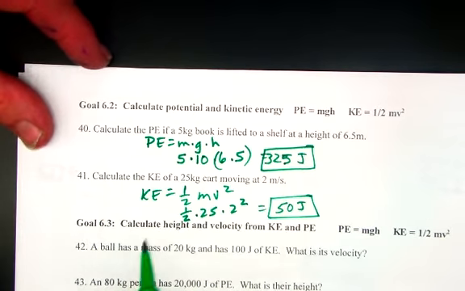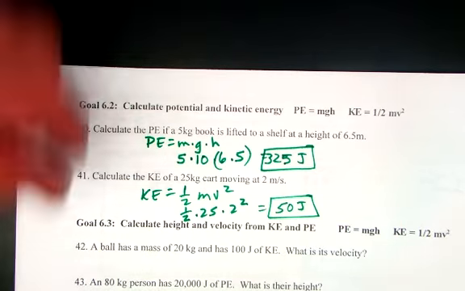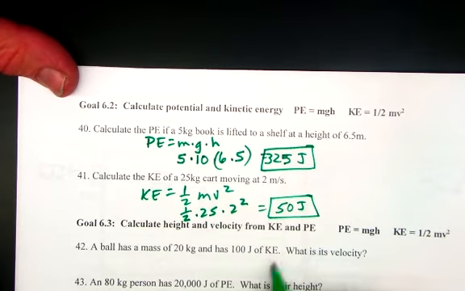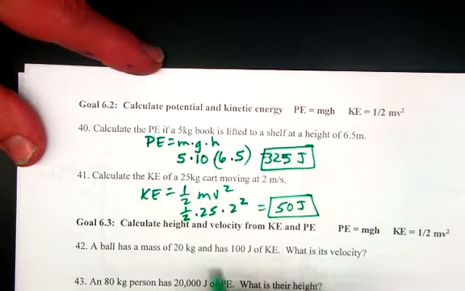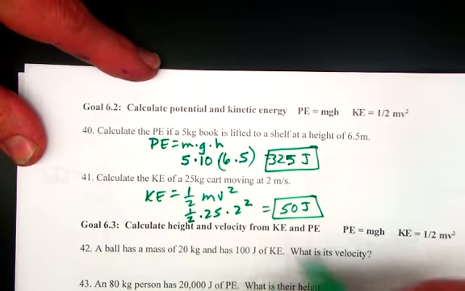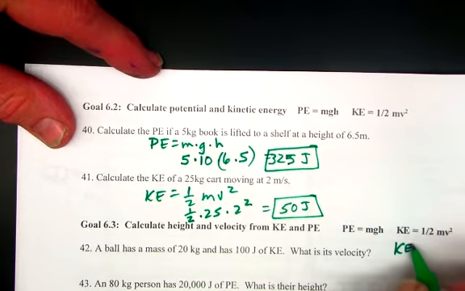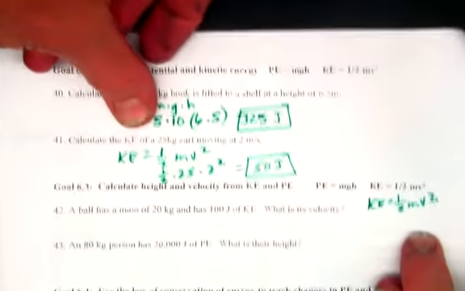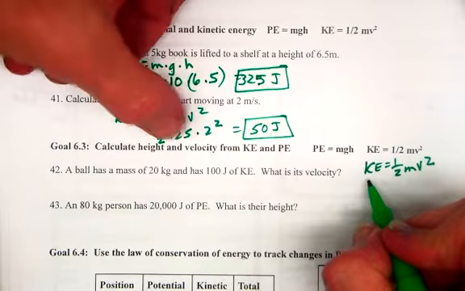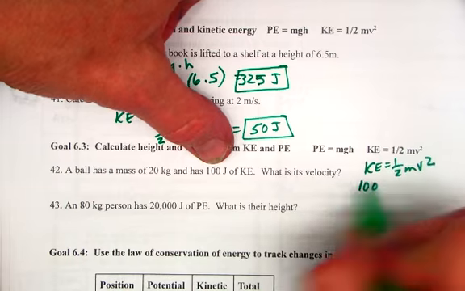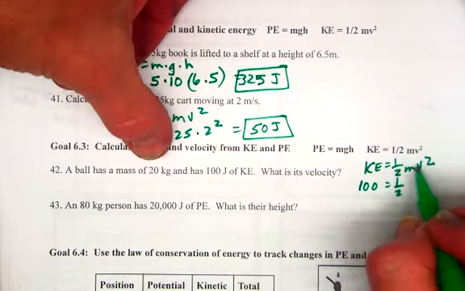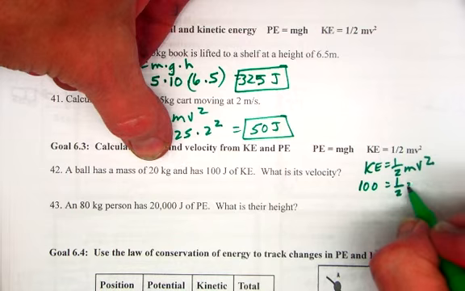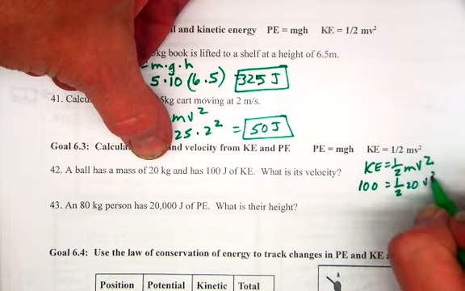All right, calculate height and velocity. Sometimes they might give you the kinetic or the potential energy and ask you to solve for one of the other variables. So if we're looking for a kinetic energy equation, KE is 1/2 mv squared. But in this problem, they've given us kinetic energy, 100 joules. 1/2 stays in the formula. m is 20, and we're solving for v.